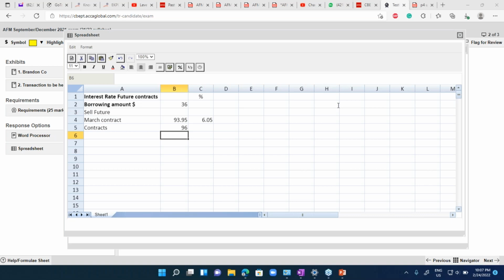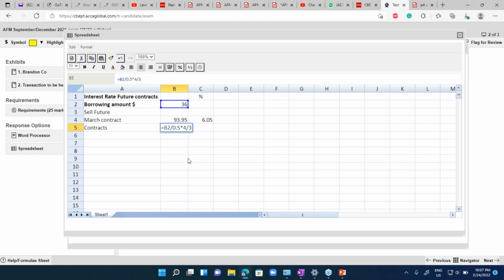If you are taking the loan on 31st January, select the March contract. If you are taking the loan in May, select the June contract. While selecting the settlement date, always select the settlement date which is coming just after your loan date or lending date. So number of contracts are 96.